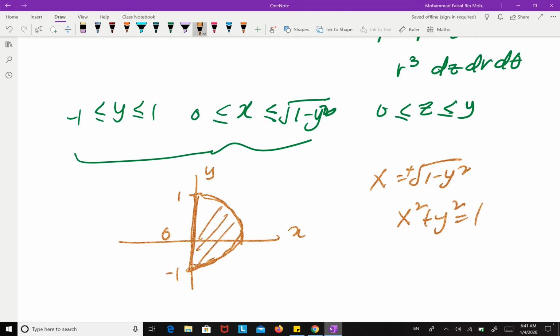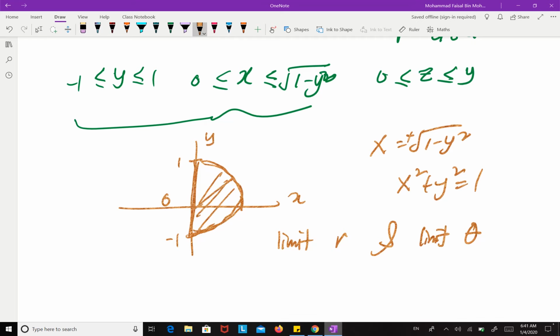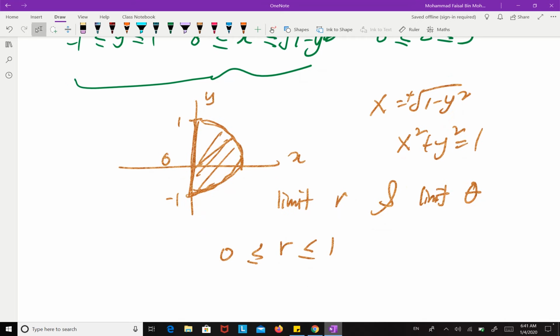You can find the limit for r and the bounds for theta. So the limit for r is for sure 0 to 1, everywhere is 1, no problem. Now for theta, sorry. I have taught this before.